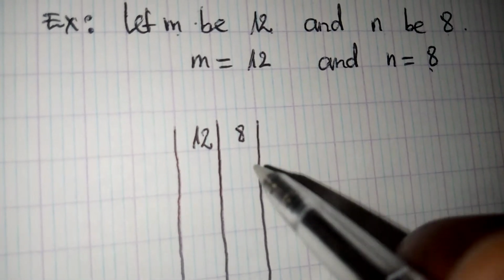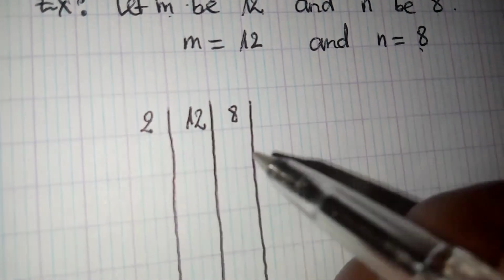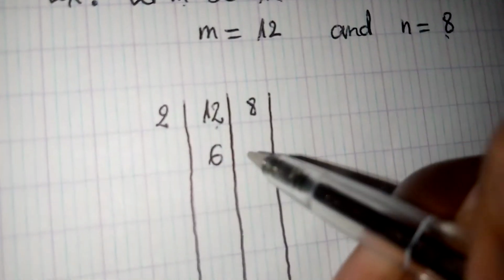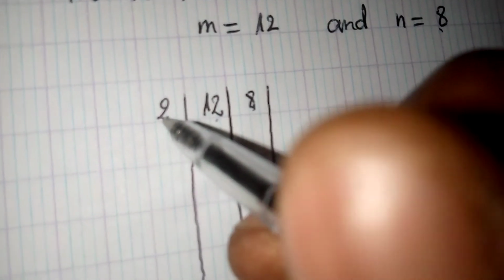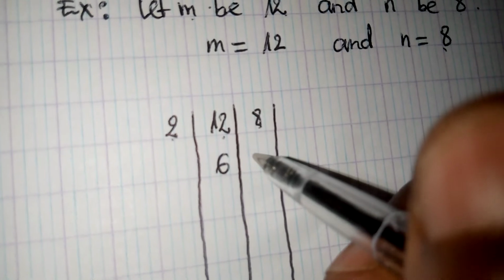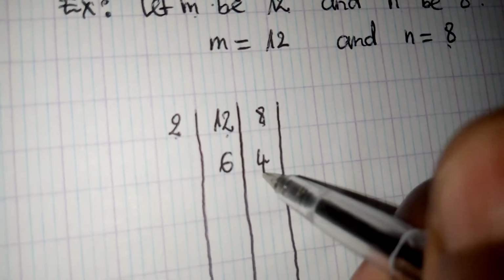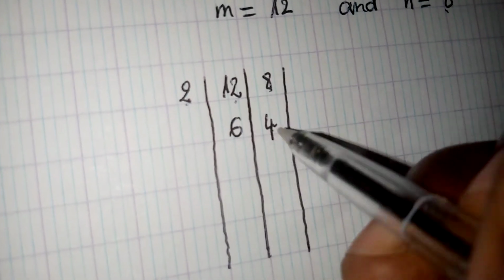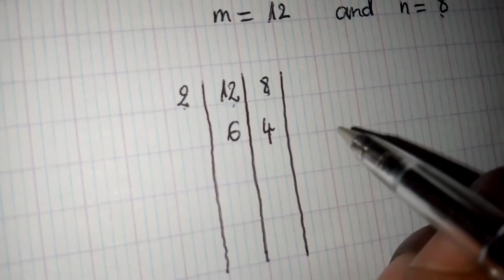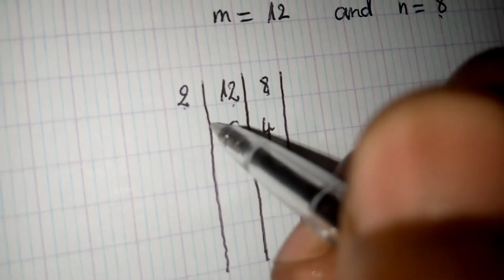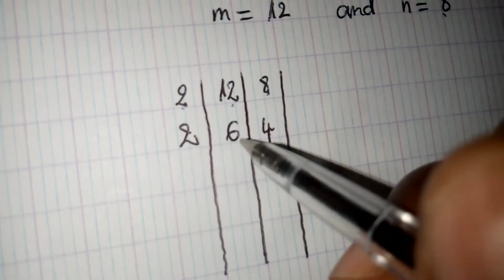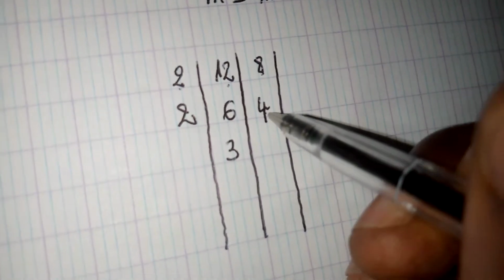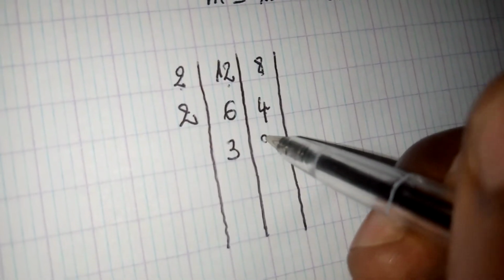Now if we put 2, we take 12 divided by 2 equals 6, and then 8 divided by 2 equals 4. Then 6 and 4 have a common factor, we can put also 2, and then 6 divided by 2 equals 3, and 4 divided by 2 equals 2.